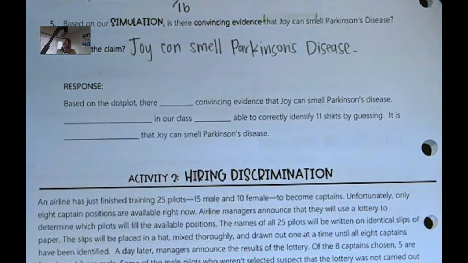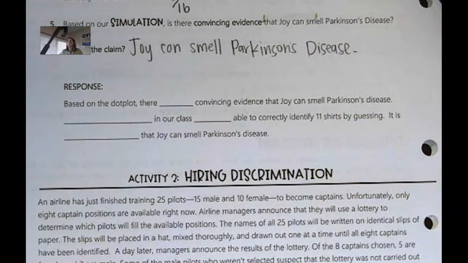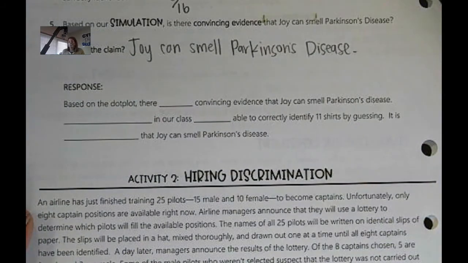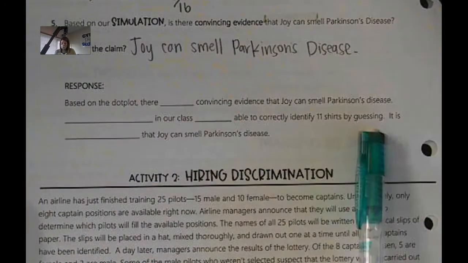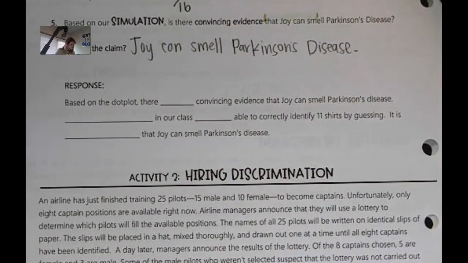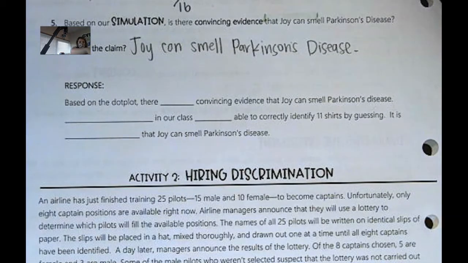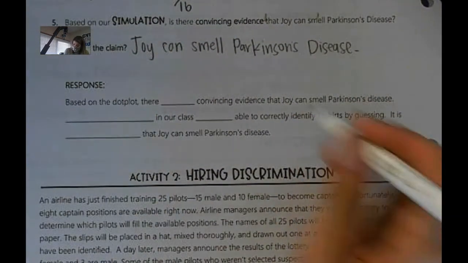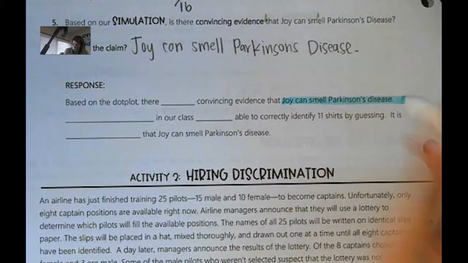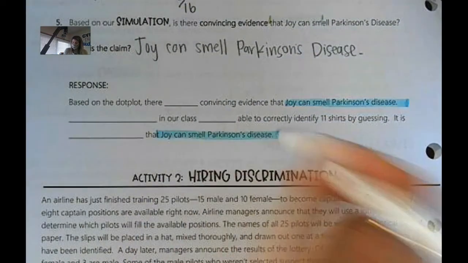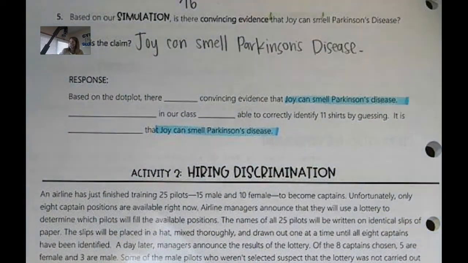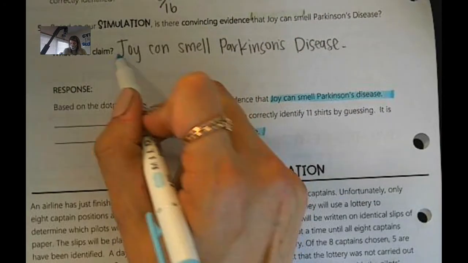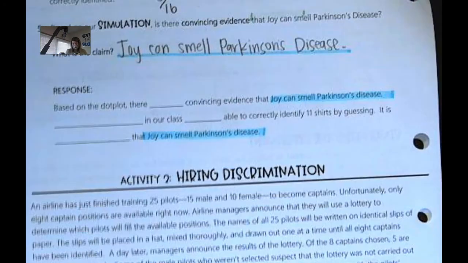And our response has to be based off of that claim. Notice if you look down in the body of the answer, you can see they use that phrasing. Joy can smell Parkinson's disease. They are actually using the claim in the response.